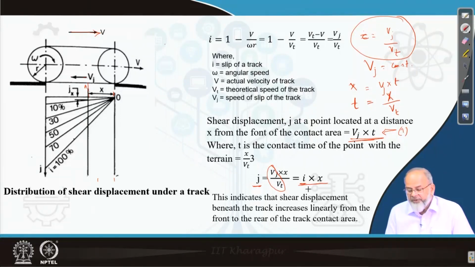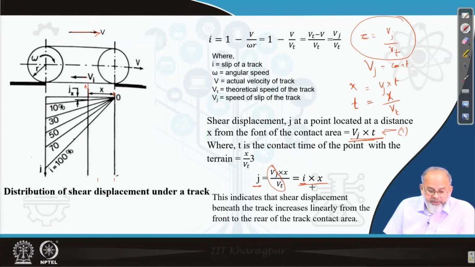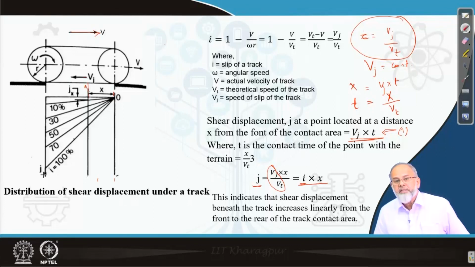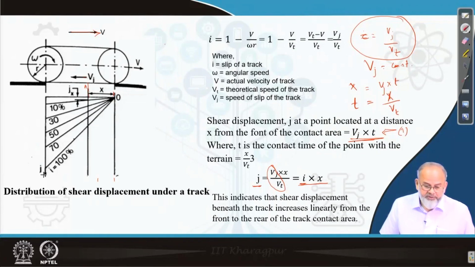It is varying from front to the rear end of the contact area linearly, and with increase in slip, its value is increasing, and that's what is reflected in this figure, for 10% slip, 30% slip, 50% slip, 70% slip, 100% slip. So how this displacement is varying. So j is on the y-axis. So this figure shows that shear displacement is a function of slip, it is a function of distance.